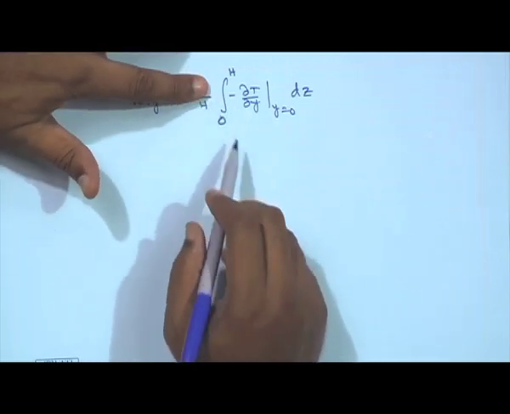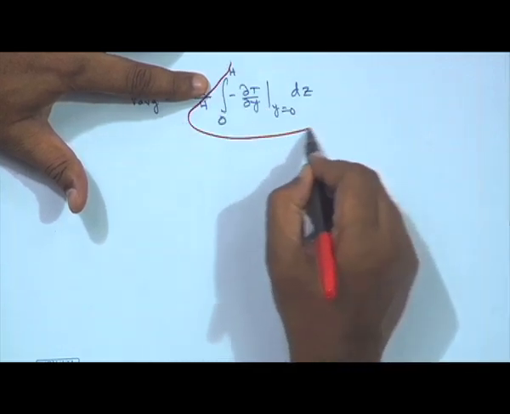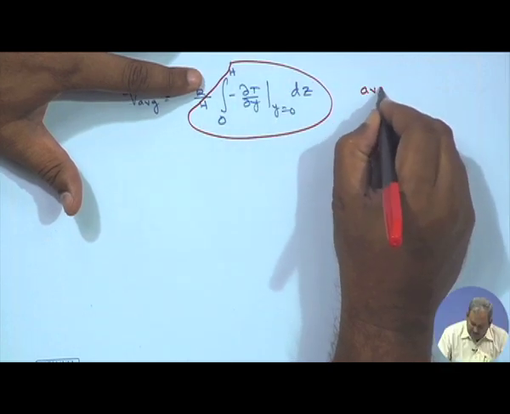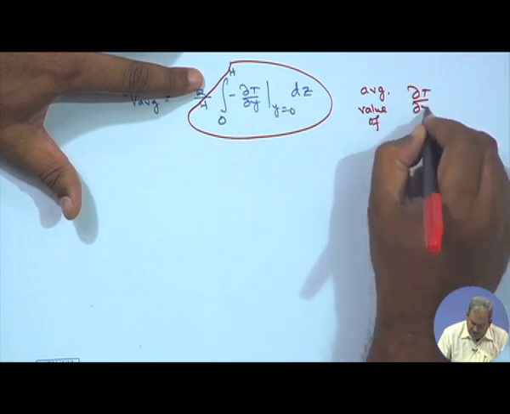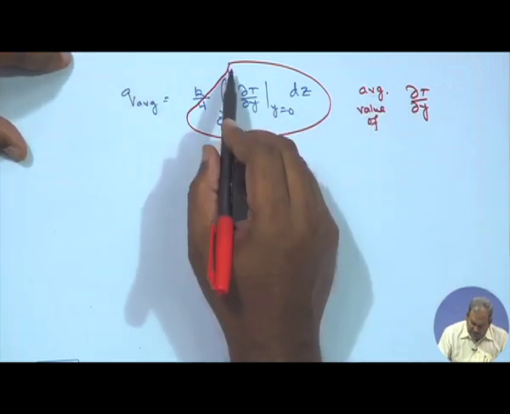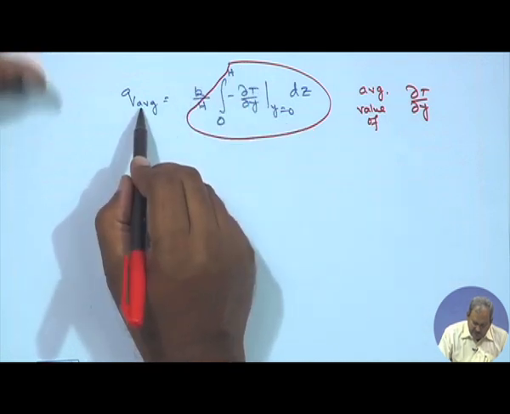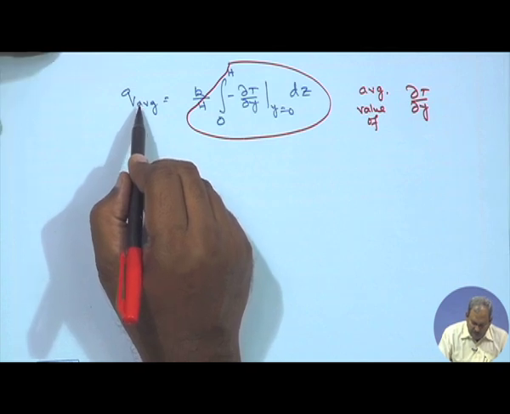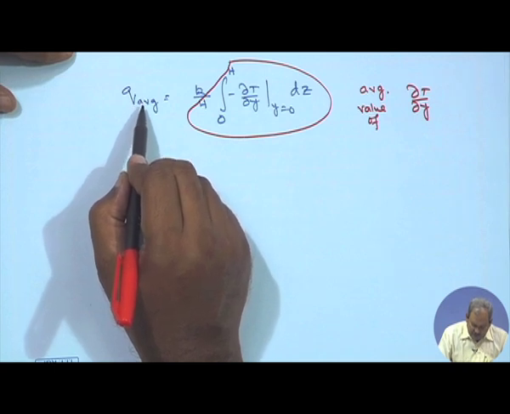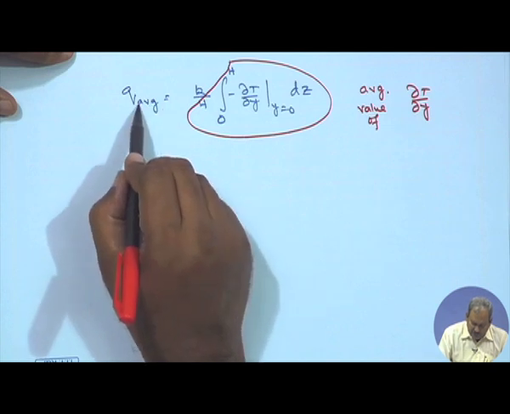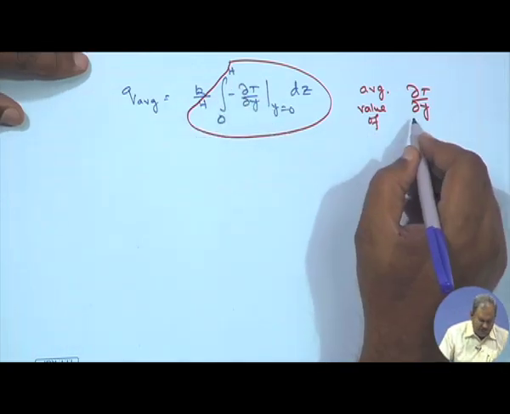If you forget about this k, this part is the average value of del T del y, which by definition, multiplied by k with a minus sign, would give you the heat lost by conduction from the solid plate to the atmosphere. So, this is nothing but the average of del T del y.